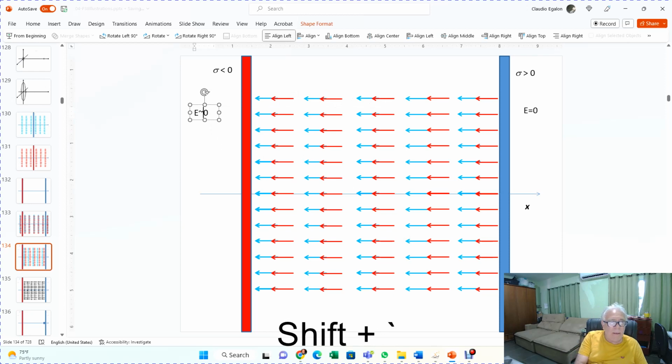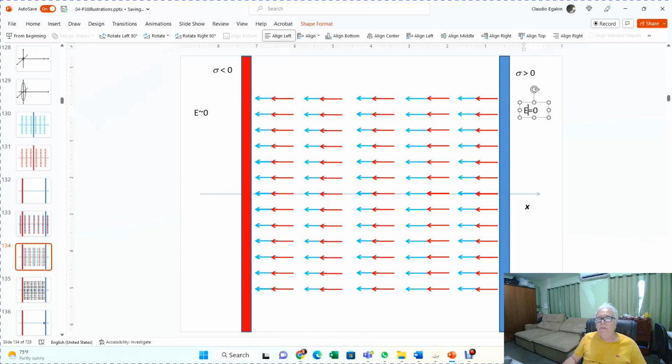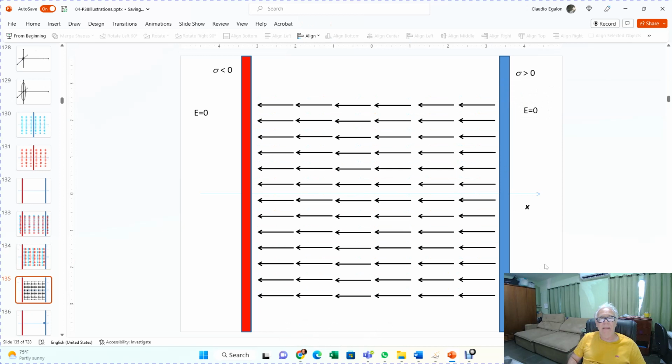The correct way is to state that it's approximately 0. Whereas the field on the inside adds up, and we get this result here, where the field is concentrated on the inside. So that's how we generate a uniform electric field.